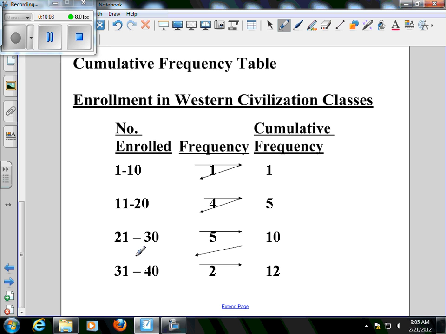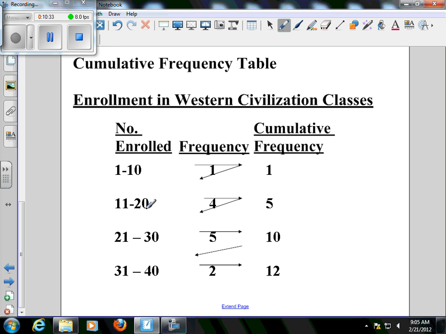We had the number of students enrolled and the frequency. Now, what we're going to do is see a cumulative effect here. So, number of students enrolled from 1 to 10, if the enrollment was between 1 and 10, we had one class. So our cumulative frequency is 1. We're just going to keep that number.